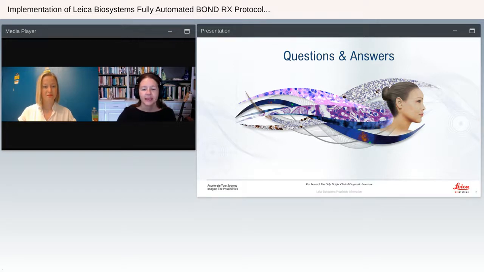Great. Next question. Are there any similarities between spatial profiling and more traditional multiplex methods? There's some similarities. You can see from the presentation the multiplex IF staining, so that basically builds on the more traditional methods of analysis.